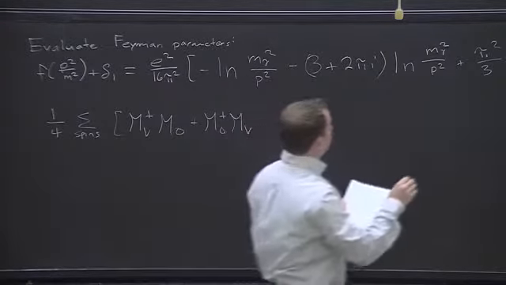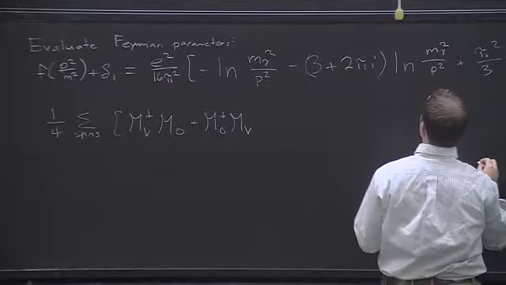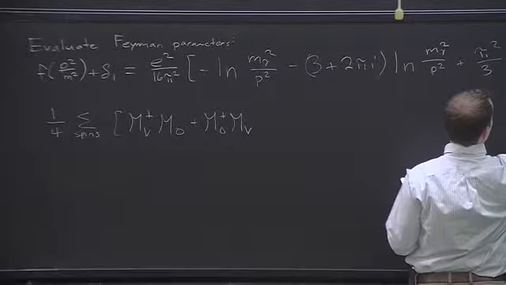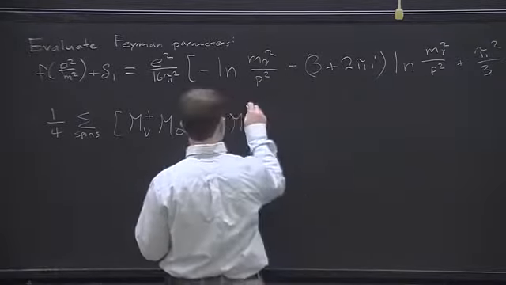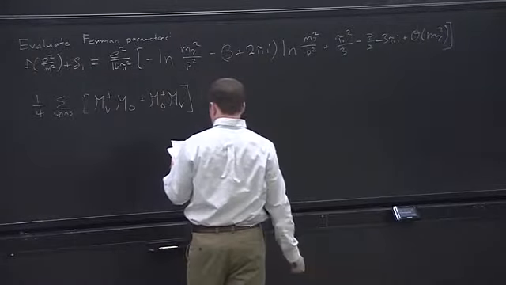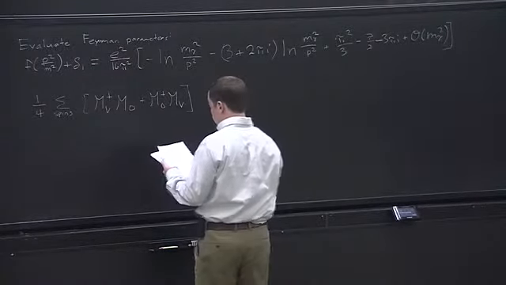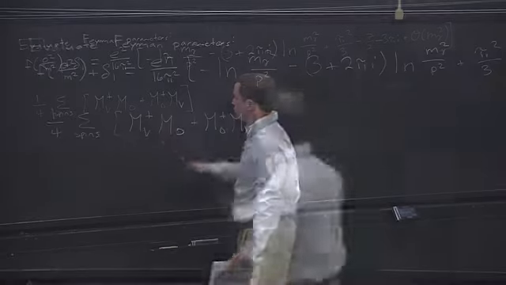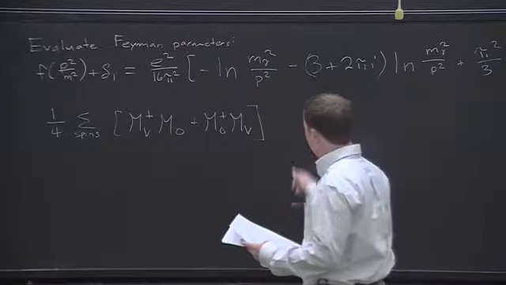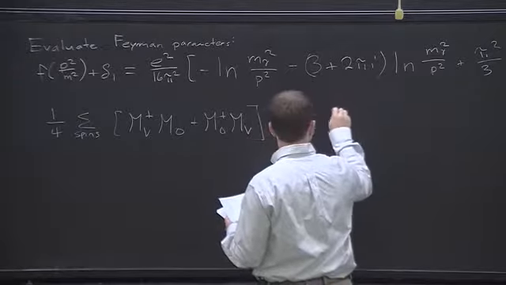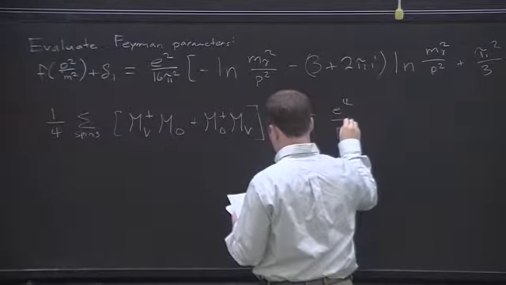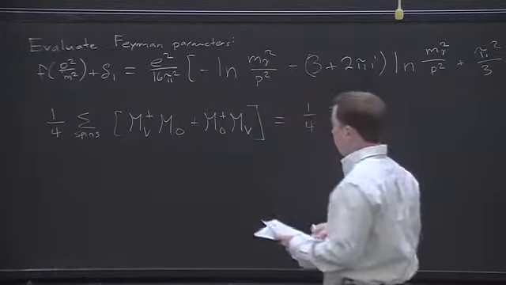I think this is a minus sign. Okay, and so this will just give us 1/4 p to the 4th over p to the 4th.